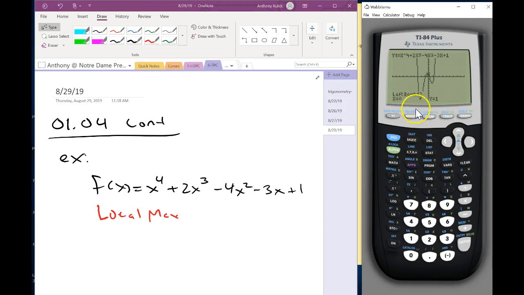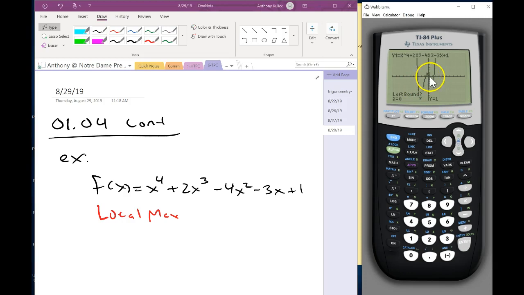Now if you look at the bottom of our screen on our calculator, the calculator is going to ask us some questions. So the first question is left bound. What the calculator is trying to get at is where should I be looking for this maximum? What range of values? So the left bound is I just need to pick some spot on my graph left of where that maximum is.